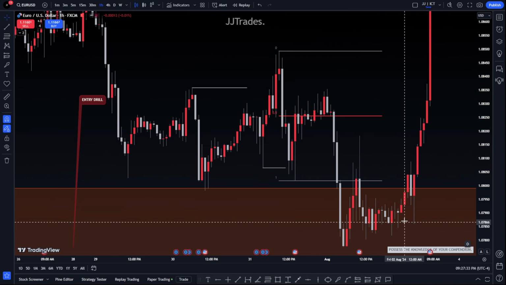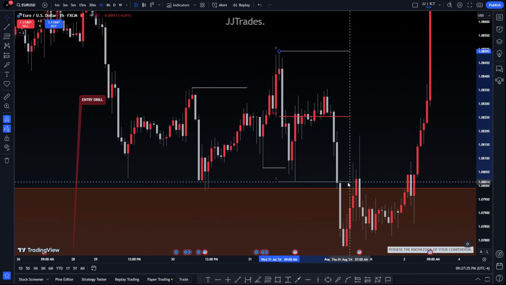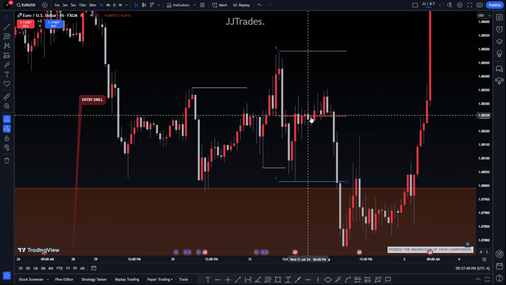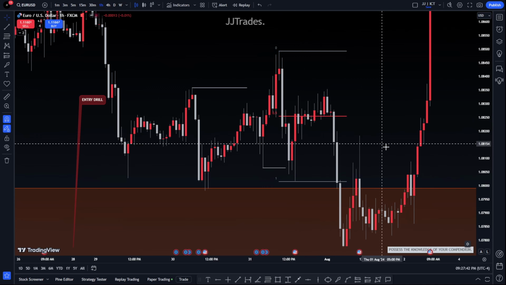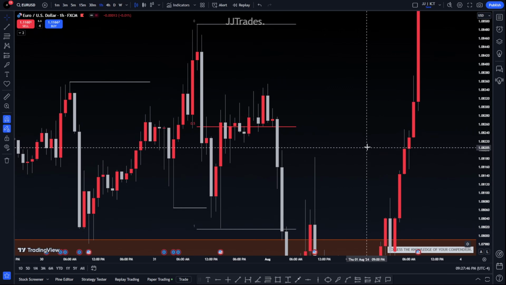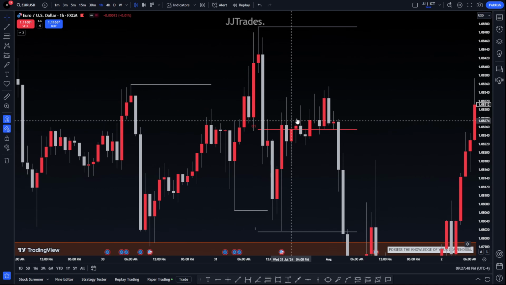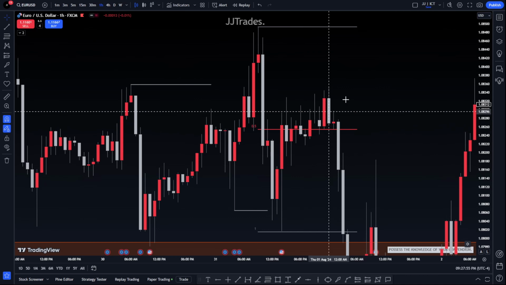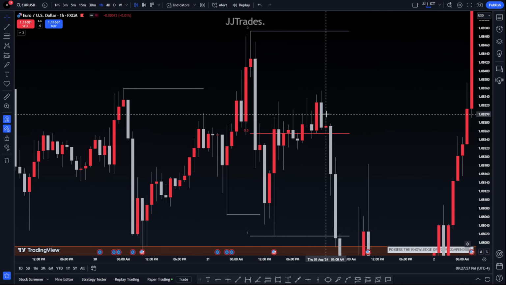Does it do that? Yes, it does, right on too. It meanders around in the equilibrium, showing that it wants to go off of it. Whenever you see price meandering around, accumulating or consolidating off of a certain confluence, that shows it's respecting it.